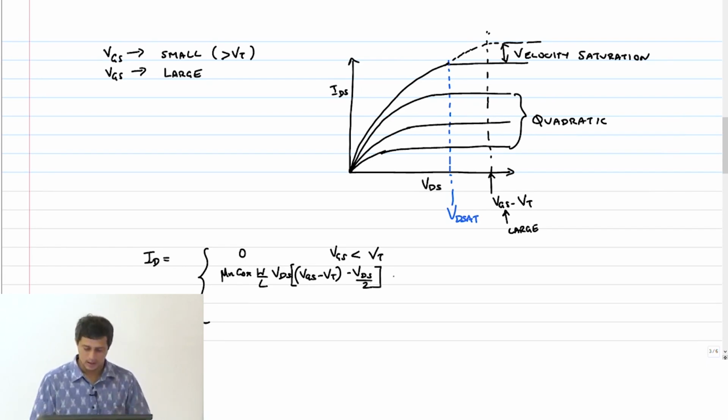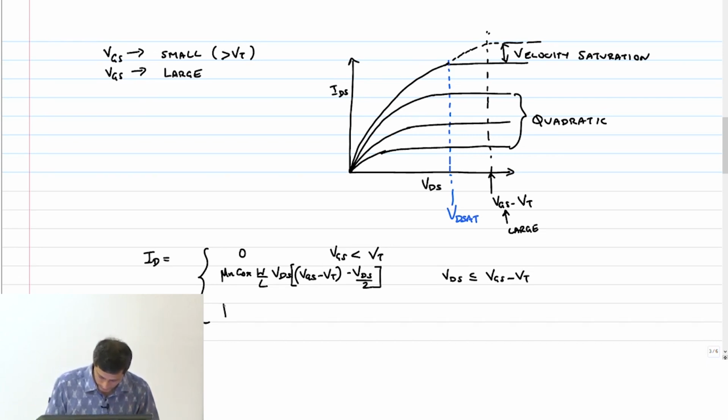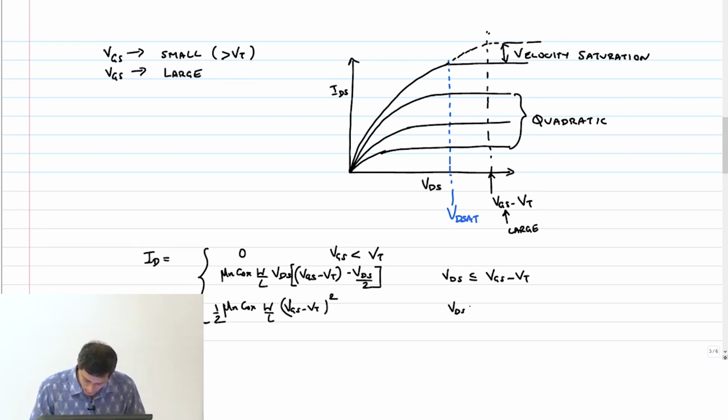I am not incorporating the channel length modulation. We can add that effect later. This holds if VDS is less than or equal to VGS minus VT. And earlier, if it had to go into saturation region, it would be half mu n C ox W by L into VGS minus VT the whole squared if VDS was greater than VGS minus VT.